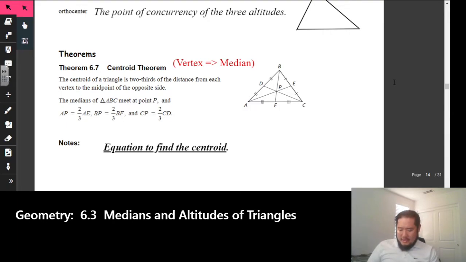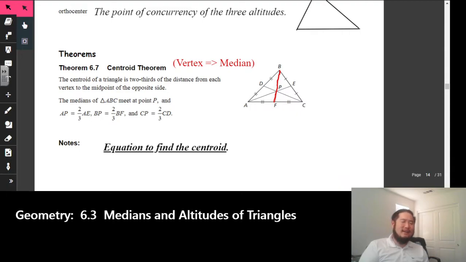Now what they're saying, if you look at the diagram, is this: if you take a look at your centroid, one segment right here is longer than the other segment. BP is bigger than PF. Hopefully you can see that.